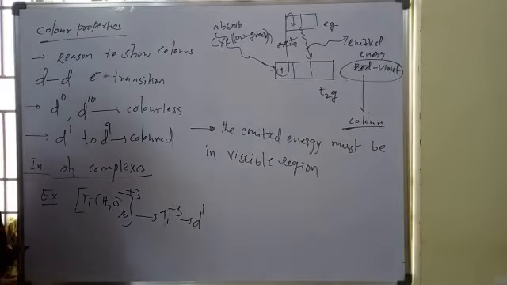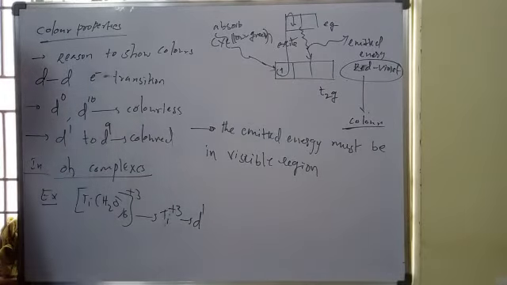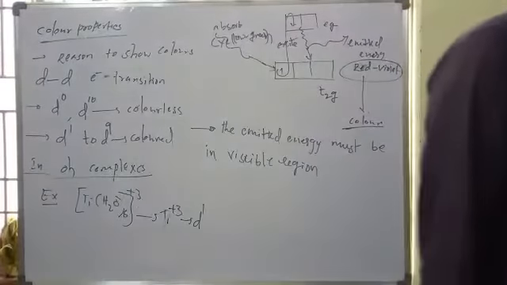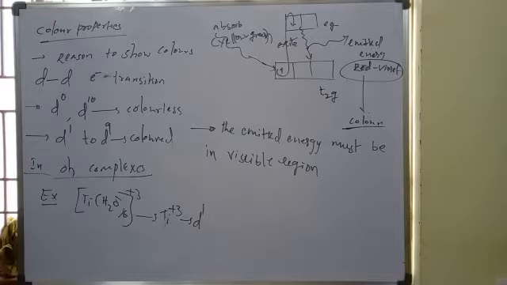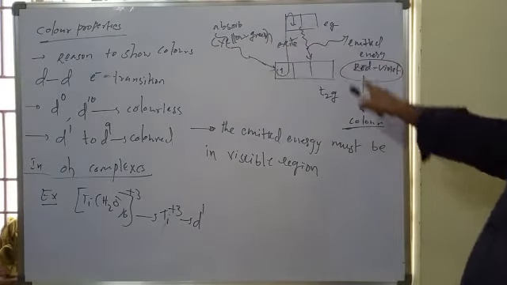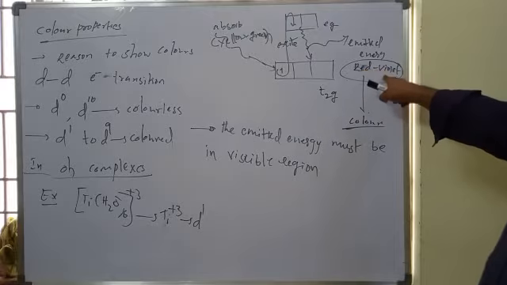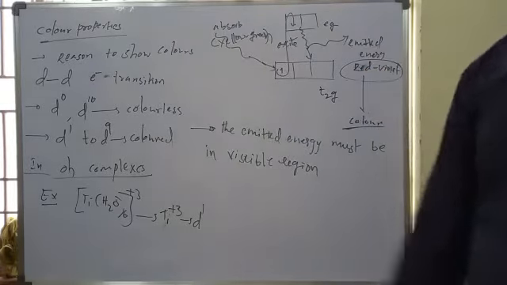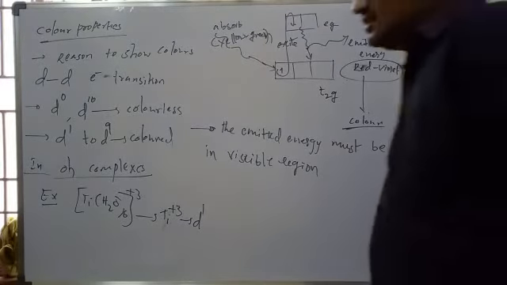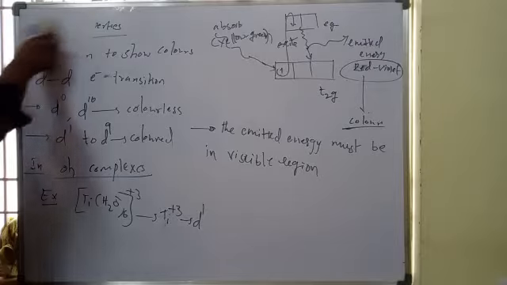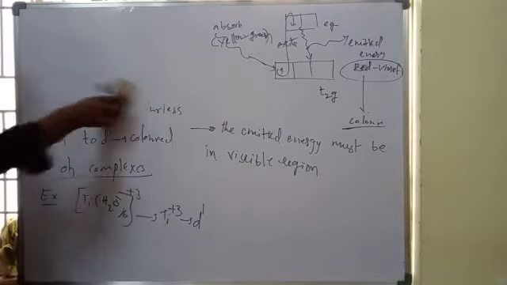So the absorbed energy and emitted energy are complementary to each other. If any substance absorbs yellow-green energy, the color emitted is red-violet. If any substance absorbs red-violet, the emitted color is yellow-green. So I am writing the complementary colors here.